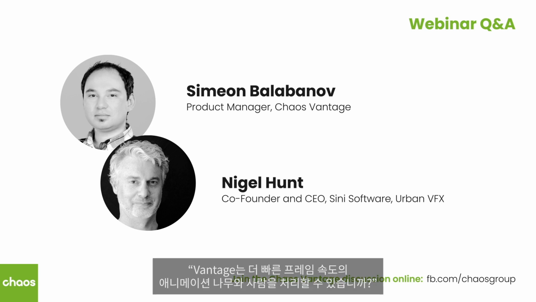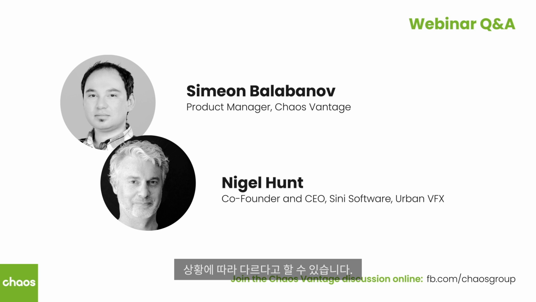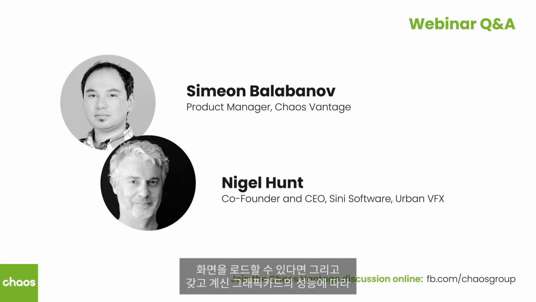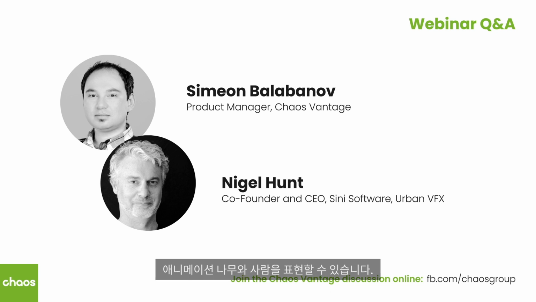Can Vantage handle animated trees and animated people with higher frame rate? I would say that it depends. If you're able to load the scene, and depending on the performance of your graphics card, then you will get the animated trees or animated people.